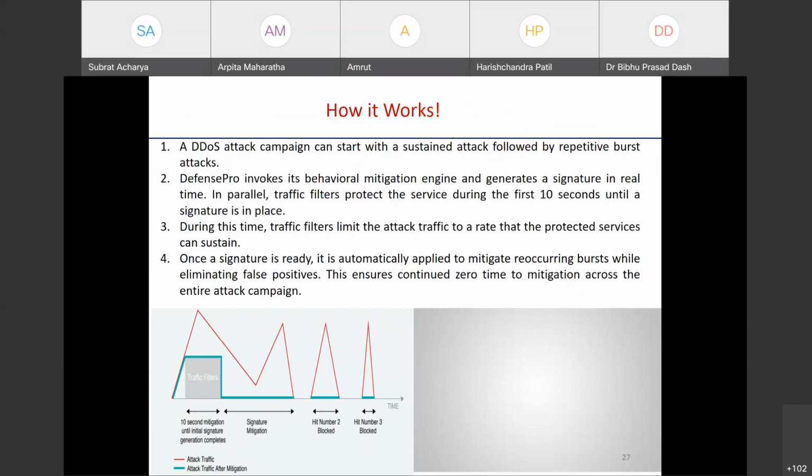But those type of actions, now I'm just showing one small video.